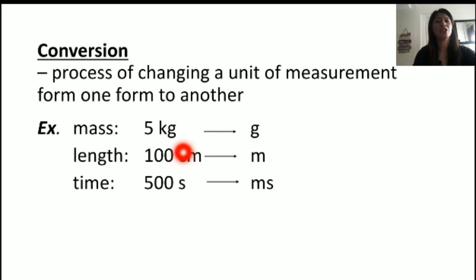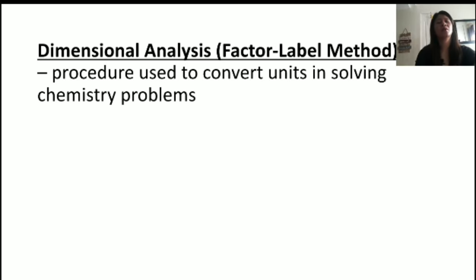So if you are changing a unit, it has to be the same quantity. If it's length, the unit you're changing it to should be another unit of length. So this is a unit of mass, you're changing it to another unit of mass. So kilogram can be changed to gram. Length, we have centimeter to meter, time, second to millisecond.